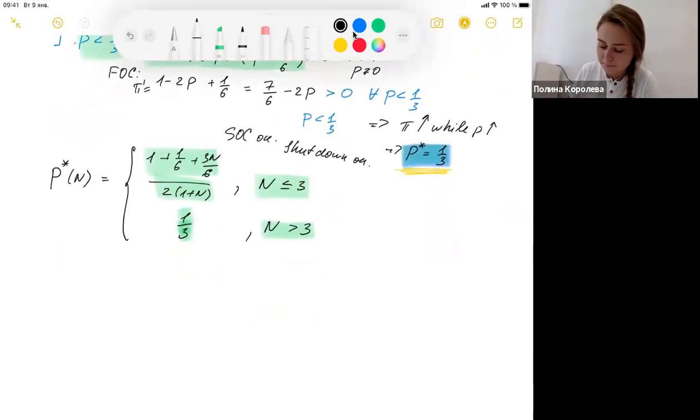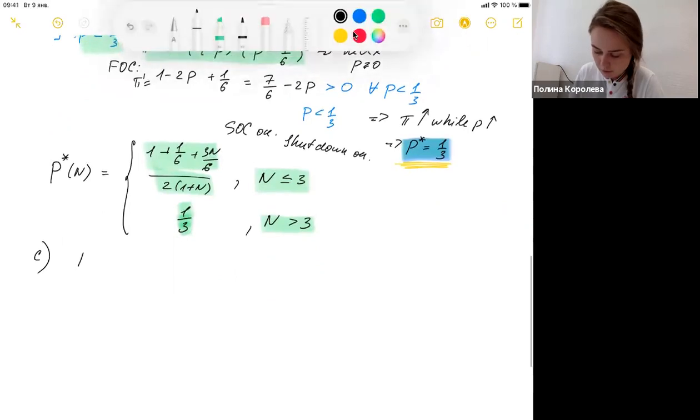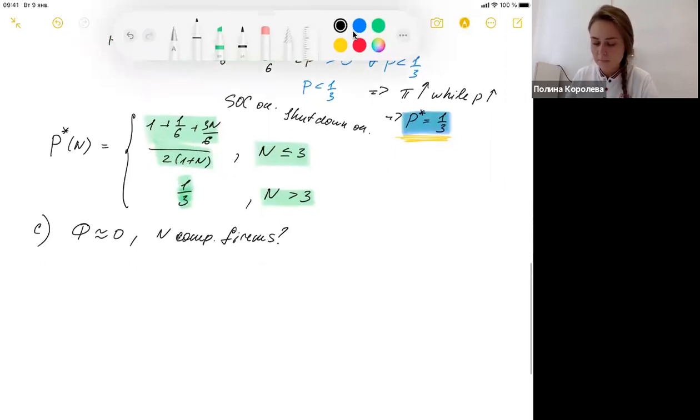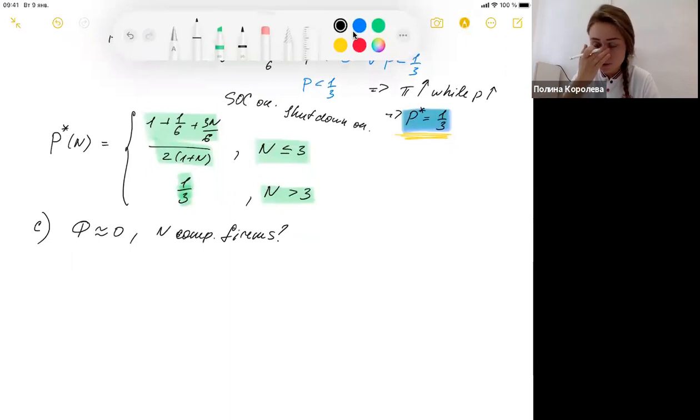Point C, how many competitive firms will enter if our entry cost is approximately 0? How do we check how many competitive firms will enter?